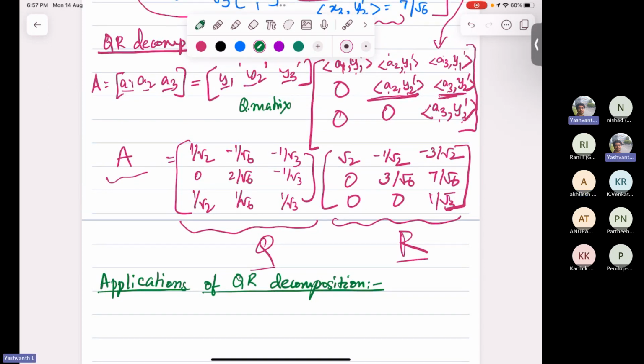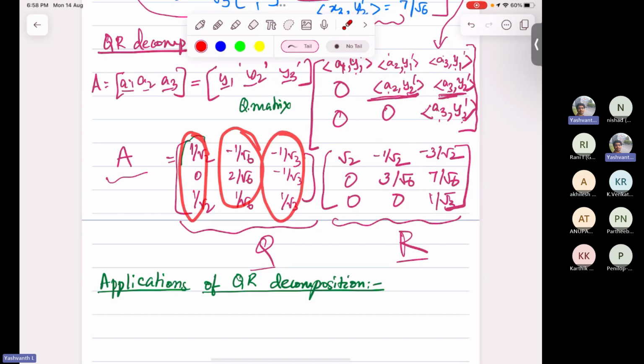So unitary matrix means, if for example, you see this particular column vector, if you compute the norm, it's unit norm. 1 by 2 plus 0 plus 1 by 2, I mean, squaring it, so it becomes 1. So this is a unit norm. This is also unit norm. This is also unit norm. At the same time, if you compute the inner product of these two column vectors, it becomes 0.